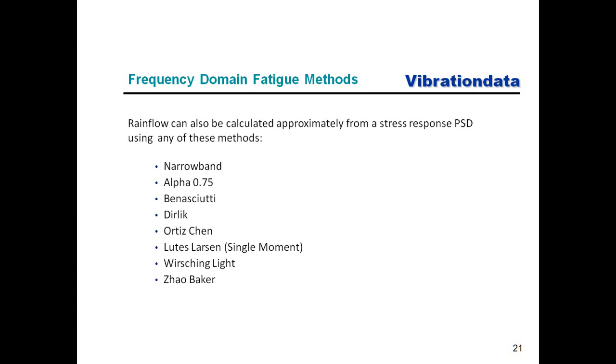And there's a whole number of methods that have been devised to do this. There's the narrowband, the alpha 0.75, the Benasciutti method, Dirlik. Dirlik's very popular. Ortiz-Chen, Lutz-Larsen, also called the single moment method, Wirsching-Light, and Sal Baker.